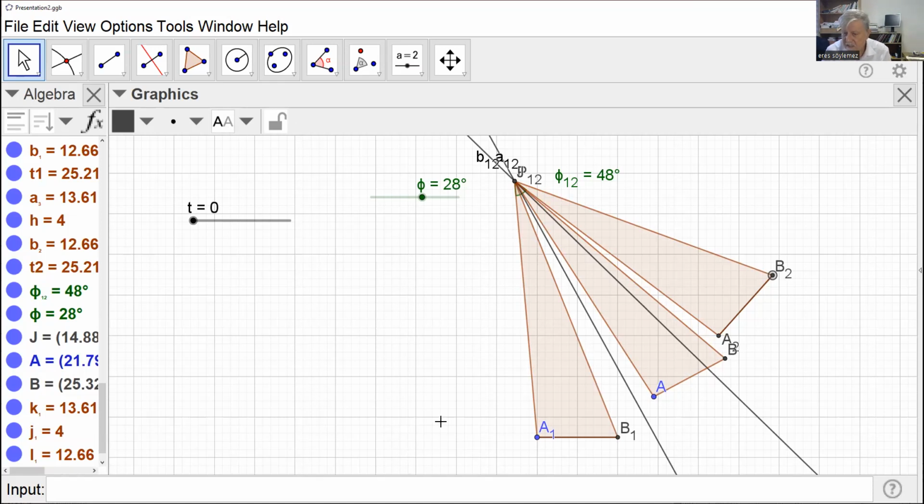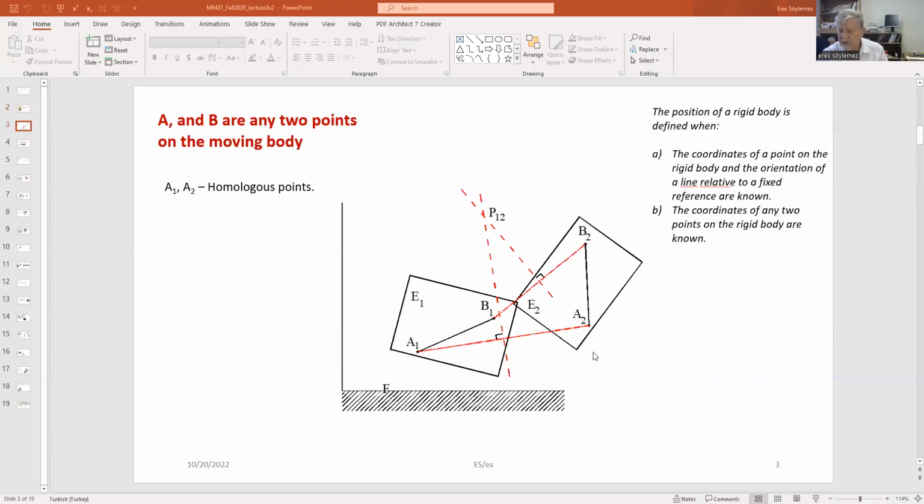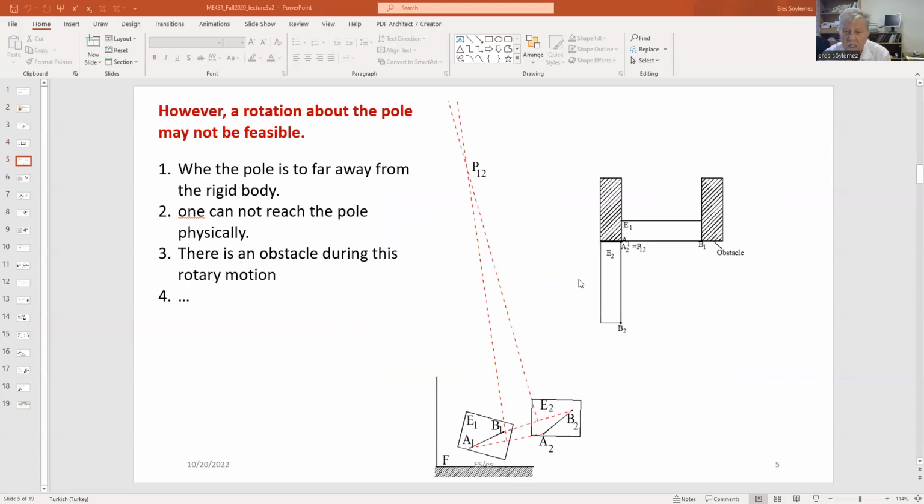That is not reasonable. Let me again share this, what I explained initially. I have shown this, okay. Here is the case, when the pole is too far away from the rigid body.